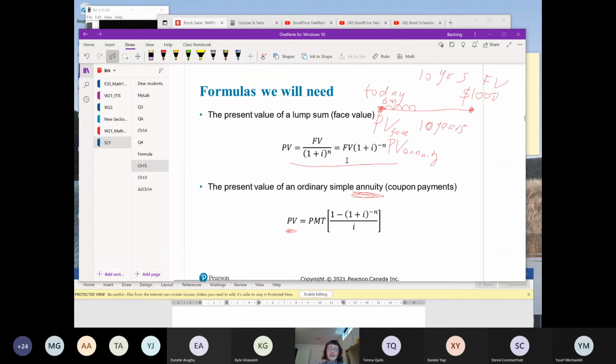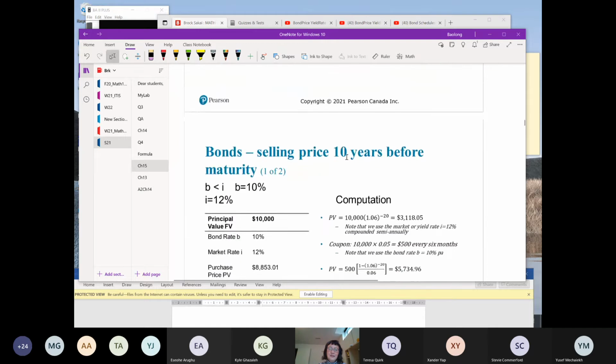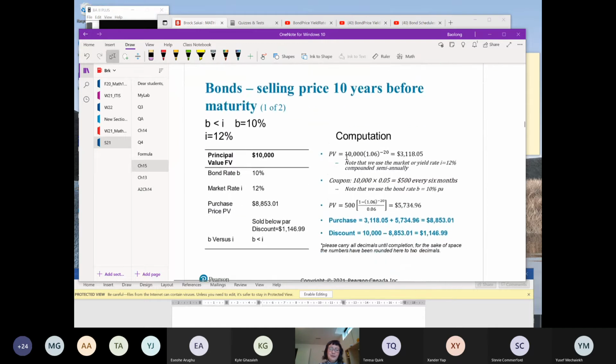Okay, so now let's do an example. Suppose you have a bond that is matured in 10 years.